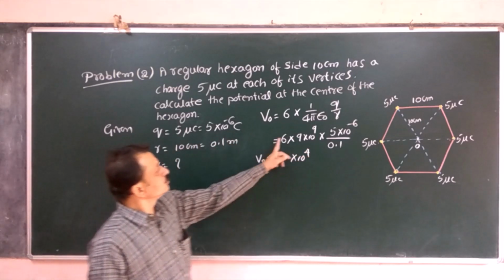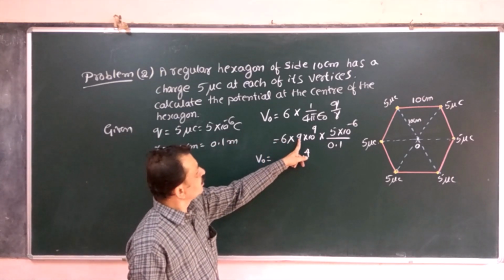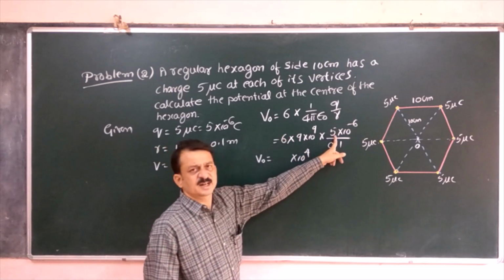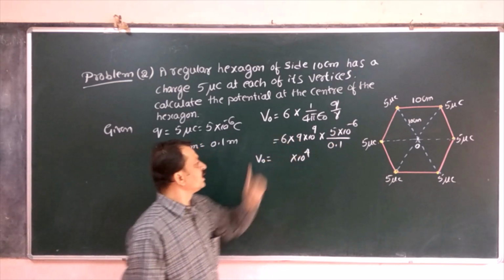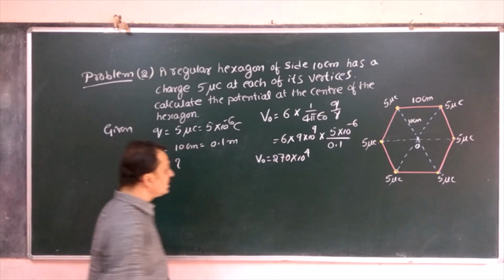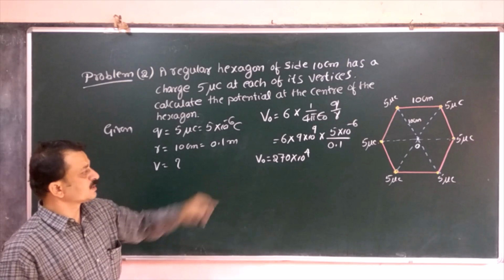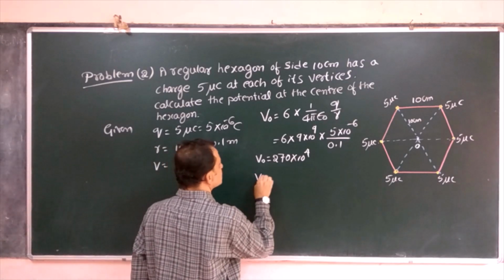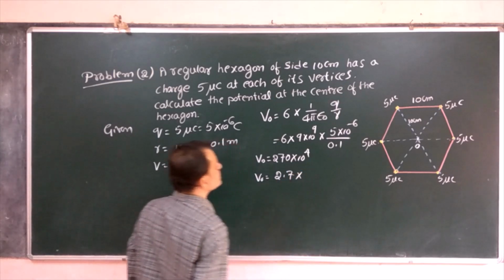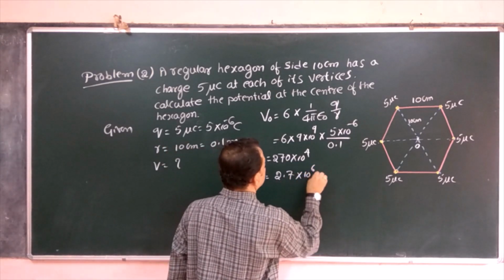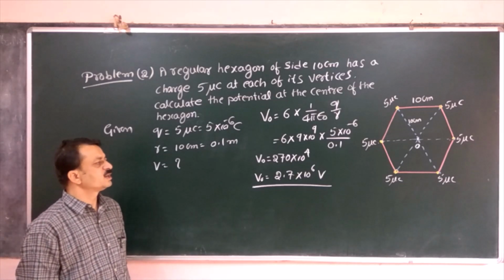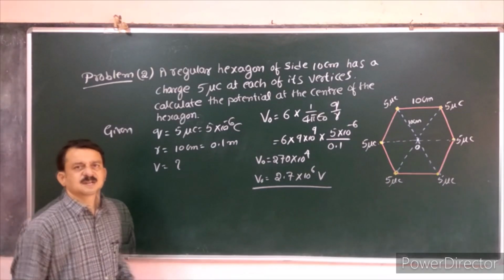Now 6 into 5 is 30. 30 into 9 is 270. 270 into 10 to the power of 4. Therefore, in scientific notation, it is 2.7 into 10 to the power of 6 volts.